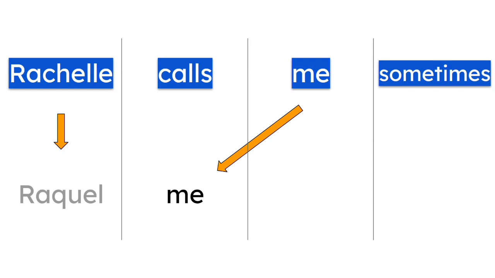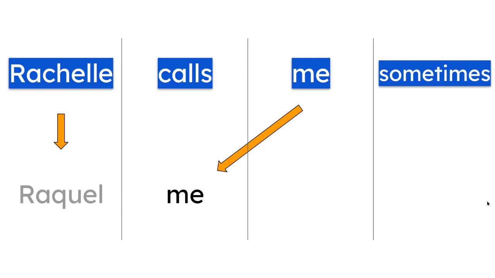Instead of placing the verb immediately after the noun, something special happens in Spanish. Okay, first let me try to explain this again. In this sentence, we have 2 people. One is Rachel and the other one is me. One of them is doing the action.